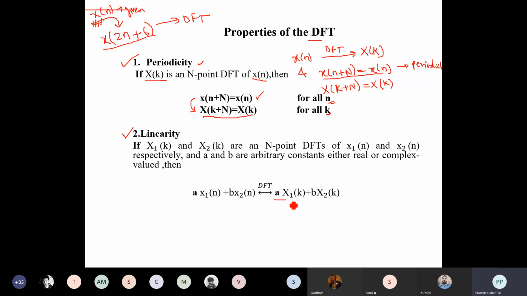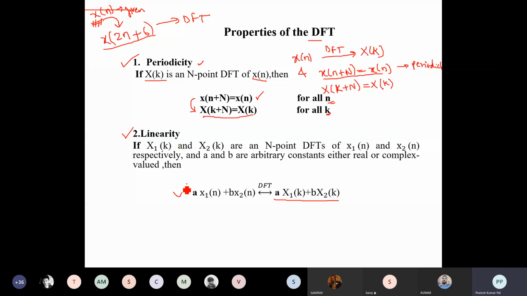That means its DFT will also be a linear function. So if X1 of k and X2 of k are the N-point DFTs of signals x1 and x2 respectively, and a and b are arbitrary constants, either real or complex valued, then it will show the linearity property.